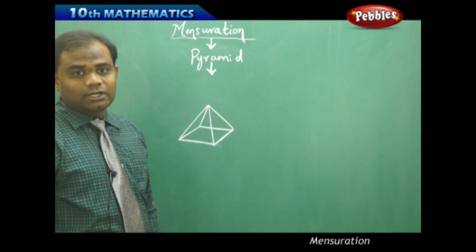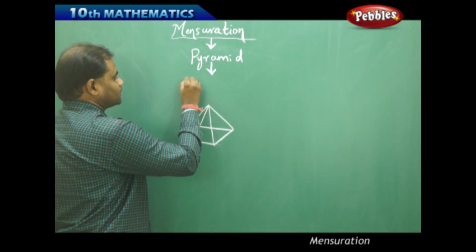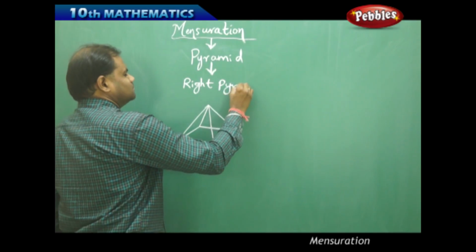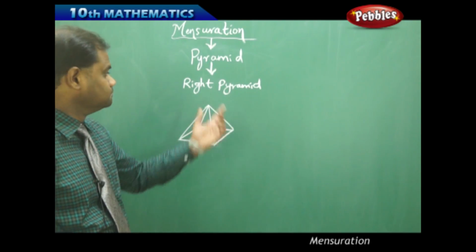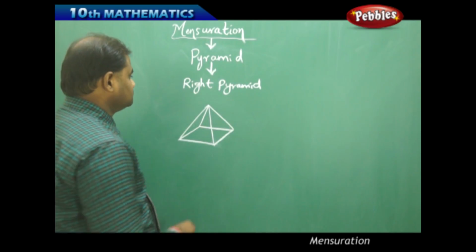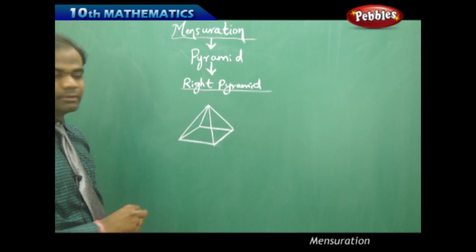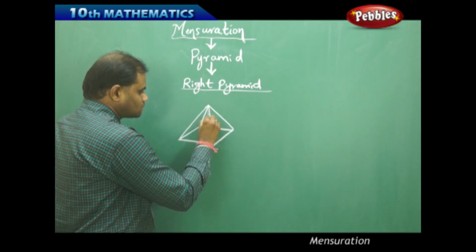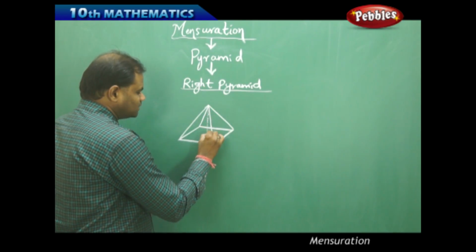So in this case, we are going to exclusively study right pyramids because right pyramids are the ones which help us in deriving the formulae. So what is a right pyramid? A right pyramid is a pyramid where when I join the vertex to the base, I need to have this perpendicular.